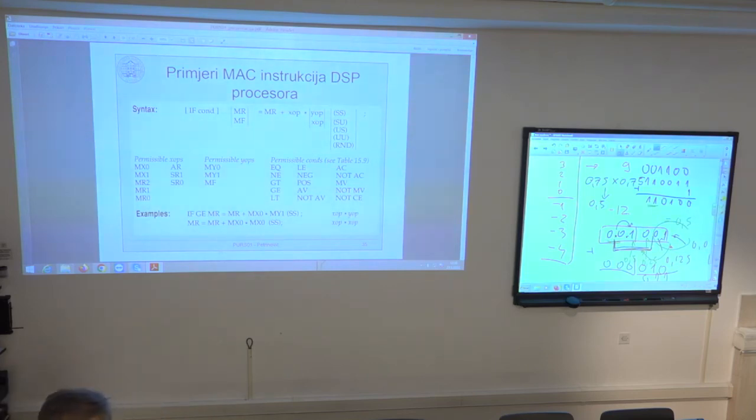It is for a squared value. To compute the squared value, I don't have to set the same argument in two registers. I take only one register MX, and then this MX can also be used as a y side argument to do this squared value computation.